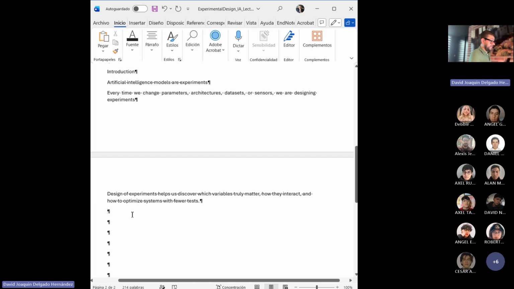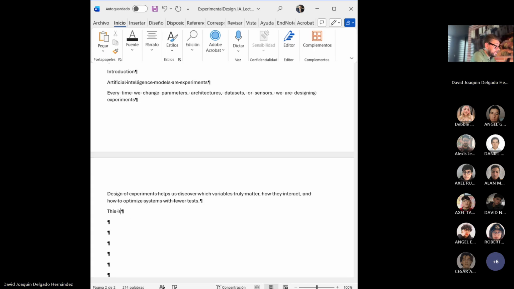These kinds of experiments are very useful, for instance, with neural network tuning, sensor calibration, many things, right? Robotics, smart manufacturing.